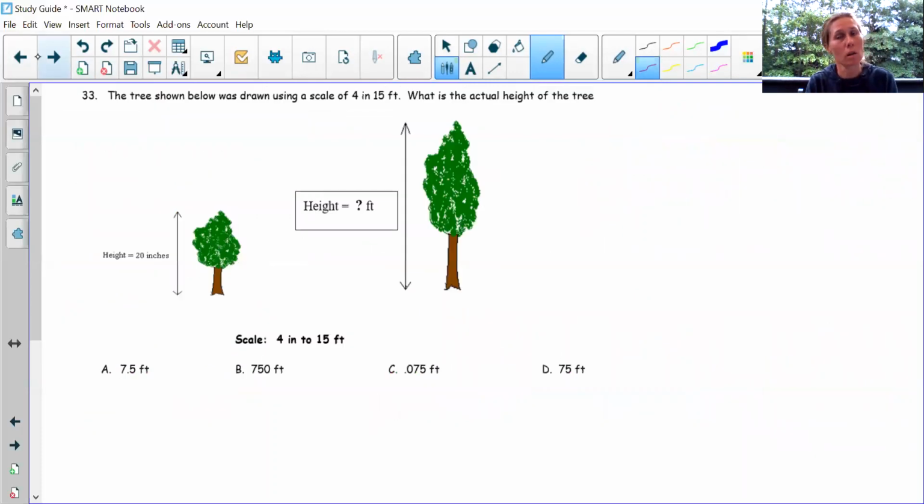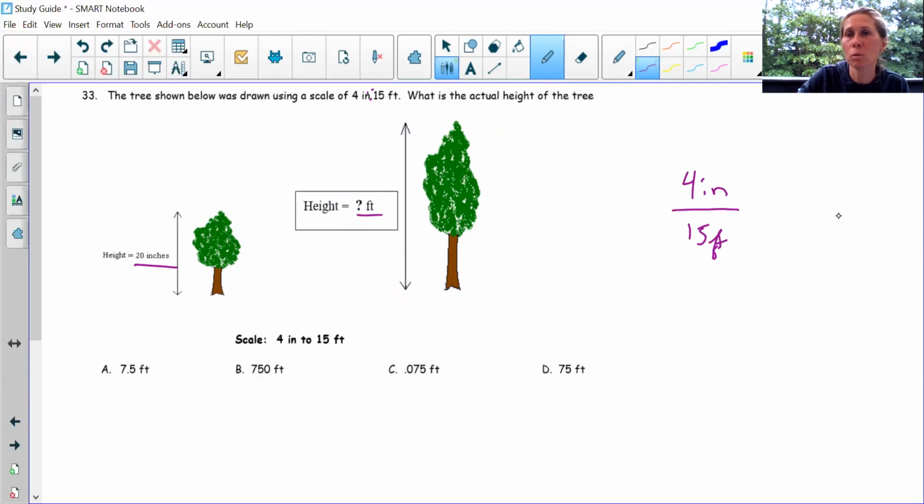Last problem. Whew, fastest I've ever done 33 questions in my entire life, and I'm sure same with you. The tree shown below was drawn using a scale of 4 inches to 15 feet. There should be a colon here, but it's not. Okay, 4 inches to 15 feet. What is the actual height of the tree? Well, we want to know the actual height, but I know the smaller tree is 20 inches.